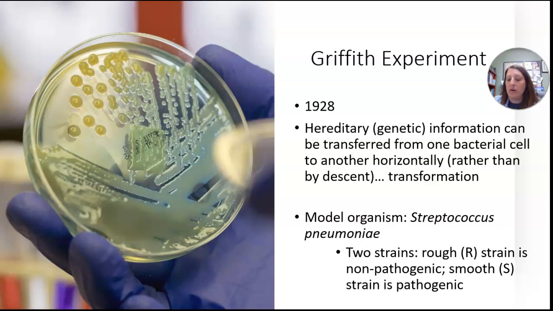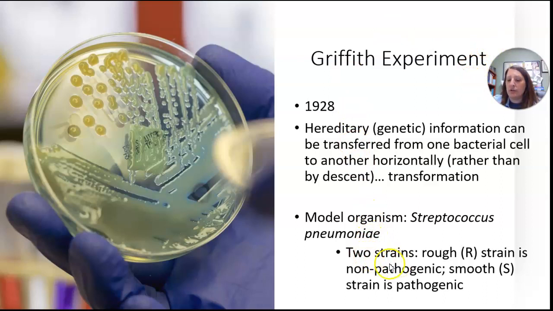His model organism was a bacteria called Streptococcus pneumoniae, and he's going to use mouse as his model system, and he's going to infect the mice with Streptococcus pneumoniae, and if it's the pathogenic strain, the mice are going to die.